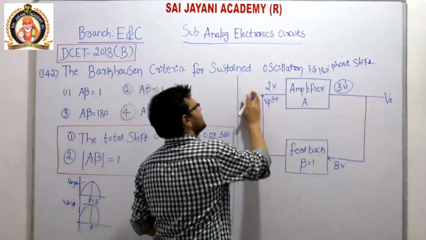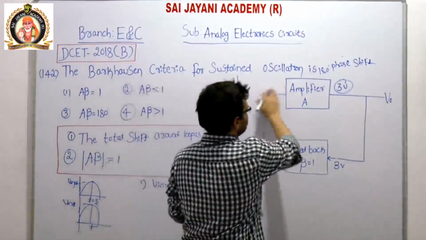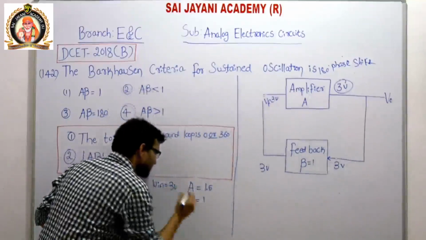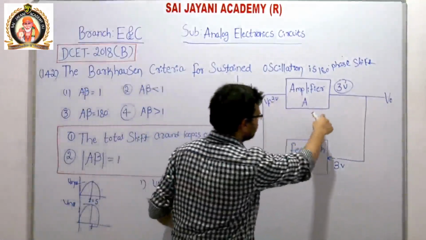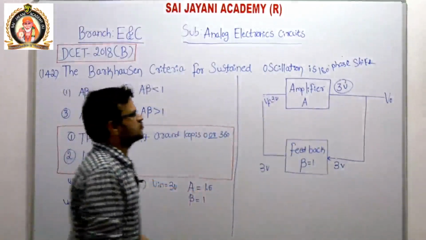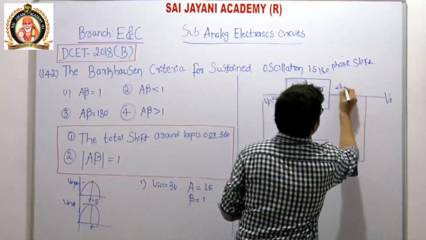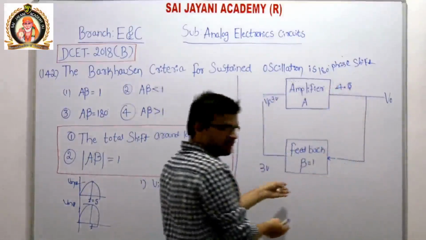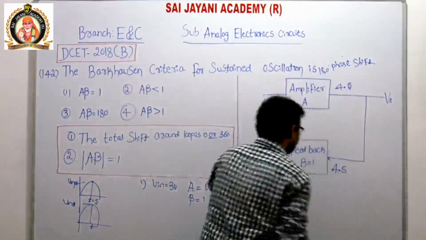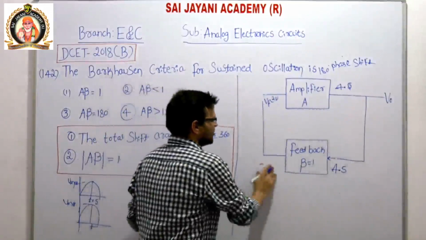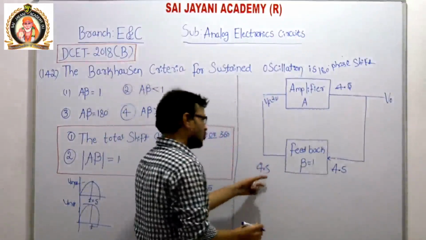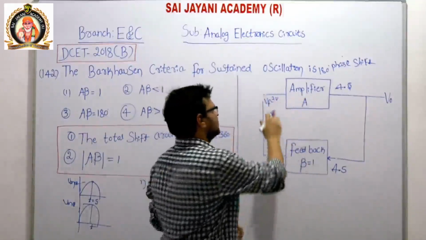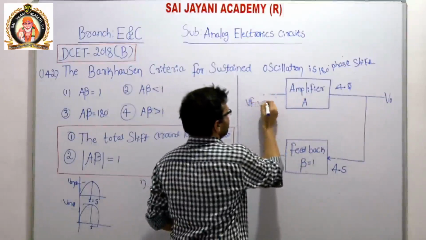If you stop giving the signal, this 3 volts is now fed back to the amplifier circuit. Now your input signal becomes 3 volts, and 3 into 1.5, because your amplifier gain is 1.5, gives 4.5 volts at the output of the amplifier circuit. That 4.5 volts is again fed back to the feedback circuit, so the output of the feedback circuit is 4.5, and this is again fed back to the amplifier circuit. Then your Vf becomes 4.5.